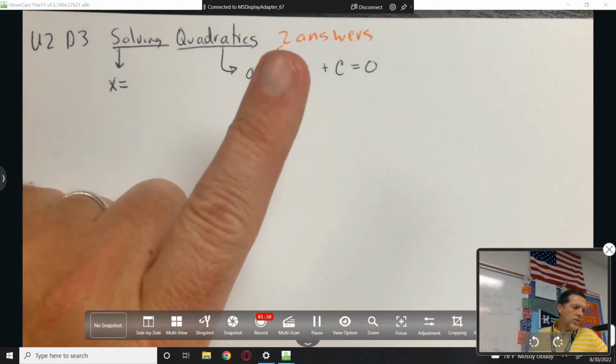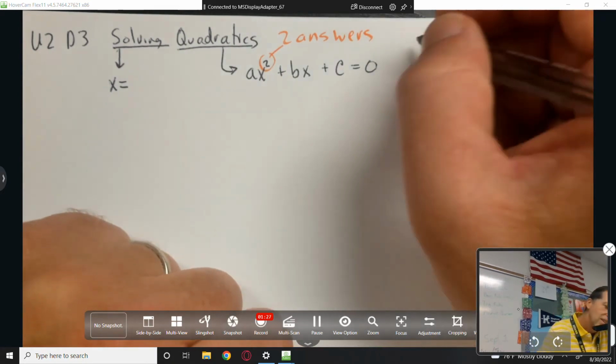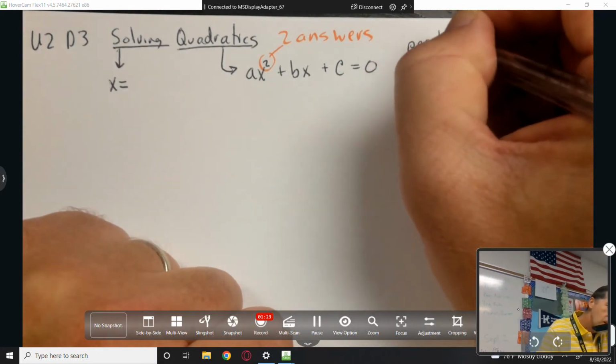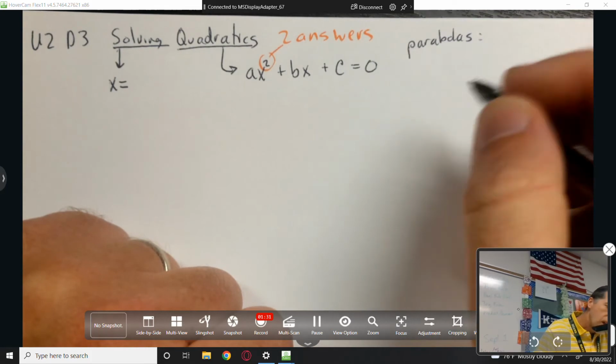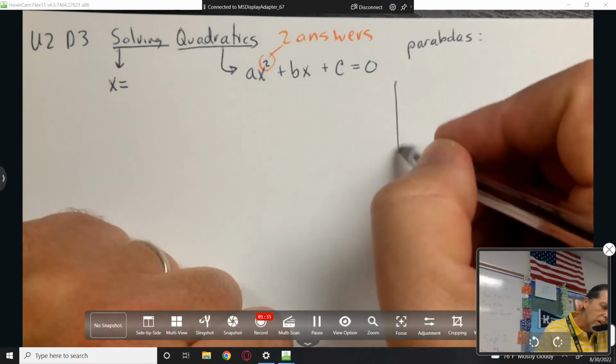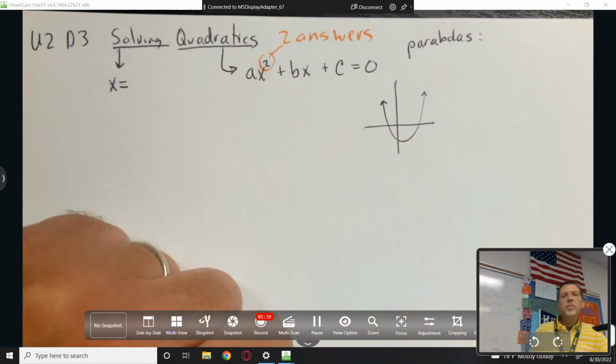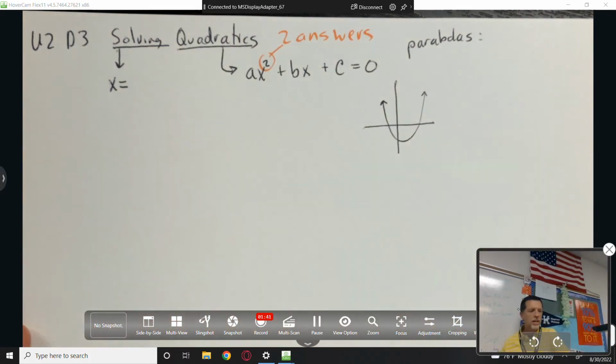What's the graph of a quadratic look like? Yeah, a U, a parabola. And so this still could look like a number of things if we put it on a graph. Could look like that.